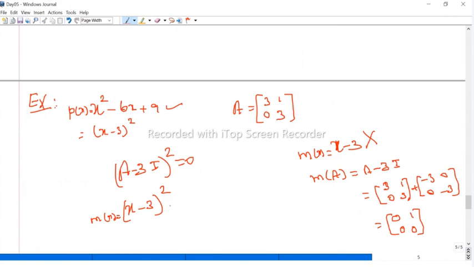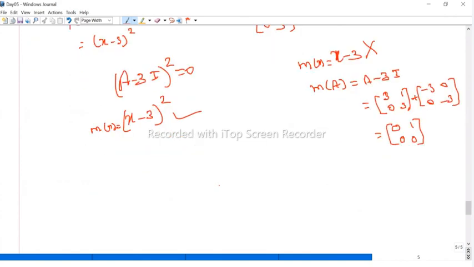Thus, the minimum degree is 2. If you take a first degree polynomial, it is not satisfied by A. Therefore, the only second degree polynomial is (x minus 3) whole square. Actually, you can even say the minimal polynomial divides the characteristic polynomial.